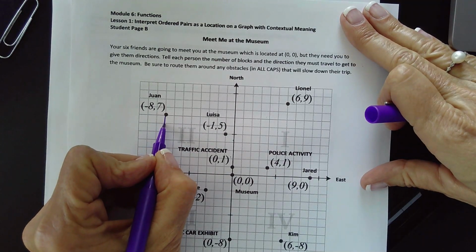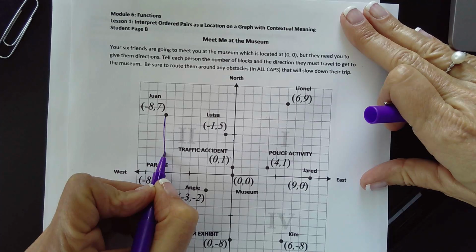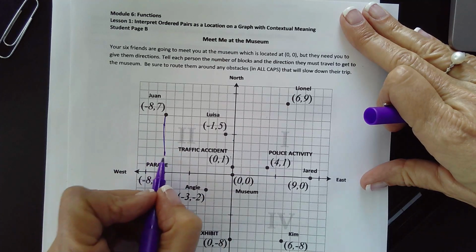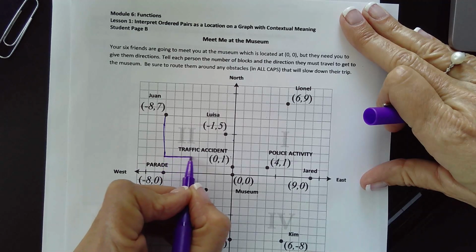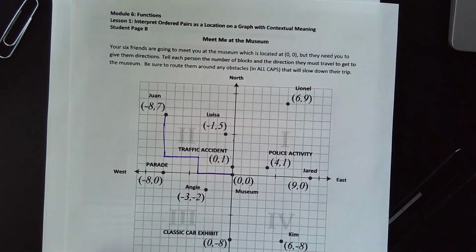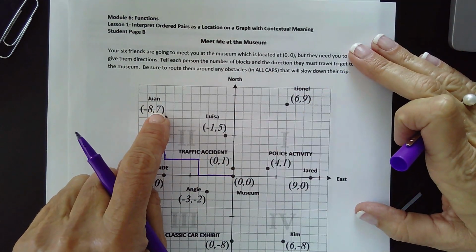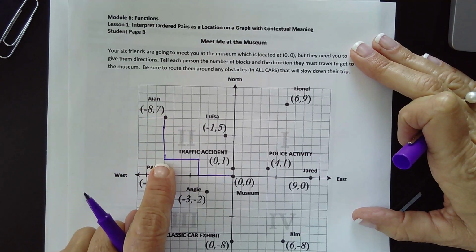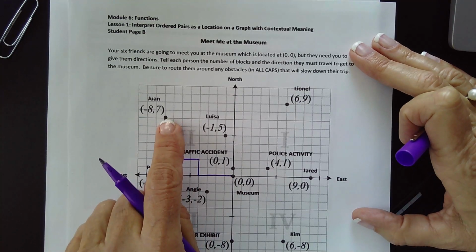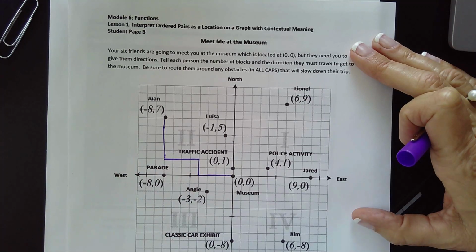So what if he goes over here, stops before the parade, and then if we come down here, we can't go here because then he's going to hit the traffic accident. So what if we do this, and then this, and then this to get to the museum? So he avoids everything. Had there not been a parade or traffic, we would have gone south 7 units and right 8, which would be 15. So let's see if we get 15 on this one.